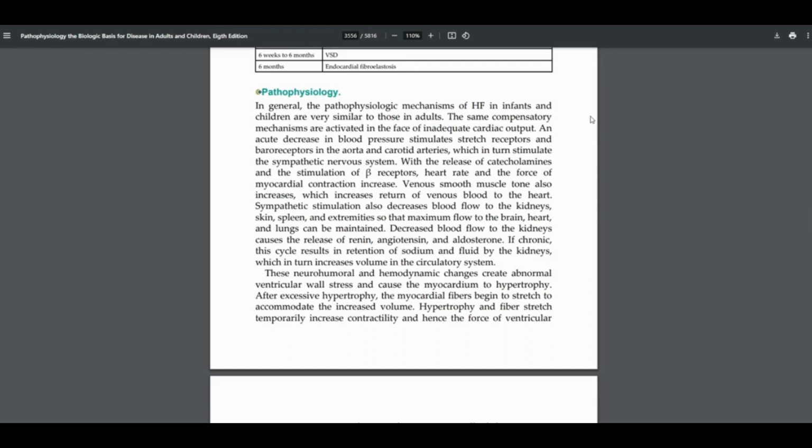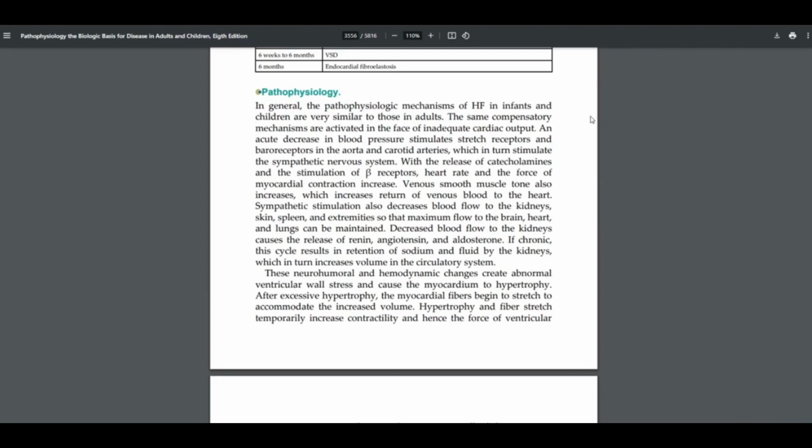Sympathetic stimulation also decreases blood flow to the kidneys, skin, spleen, and extremities, so that maximum flow to the brain, heart, and lungs can be maintained. Decreased blood flow to the kidneys causes a release of renin, angiotensin, and aldosterone. If chronic, this cycle results in retention of sodium and fluid by the kidneys, which in turn increases volume in the circulatory system.